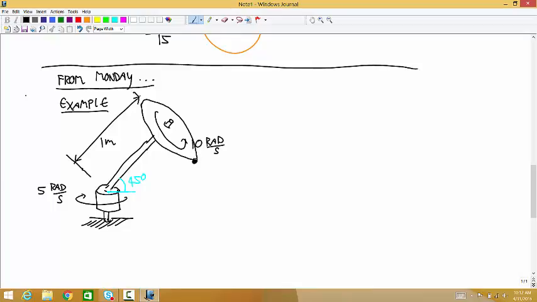And at this instant, this point P, we want to find the acceleration of that. Also the disk radius is 0.6 meters.